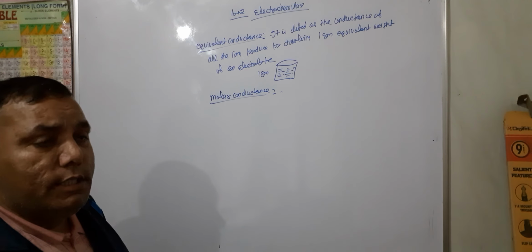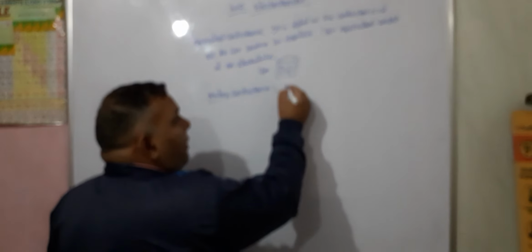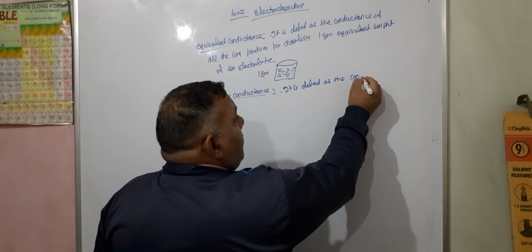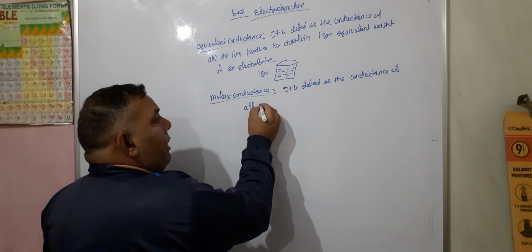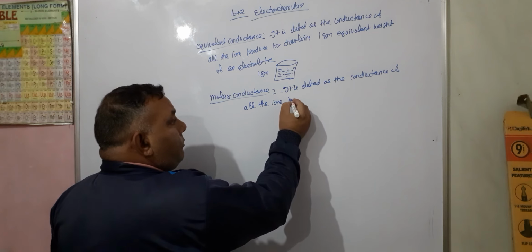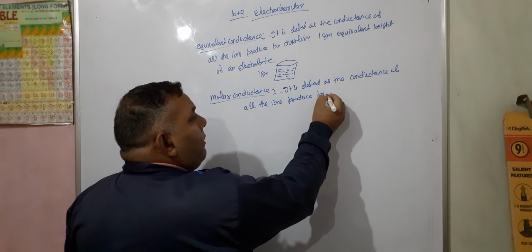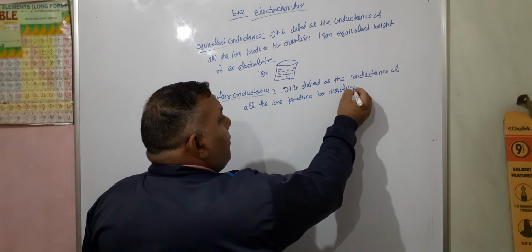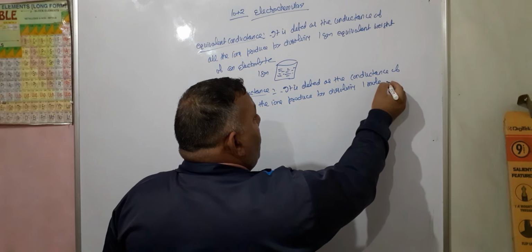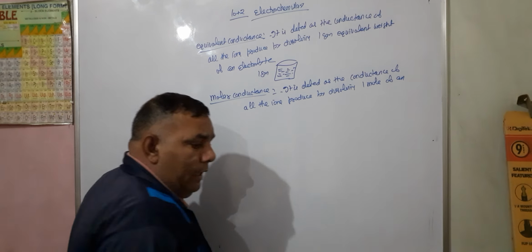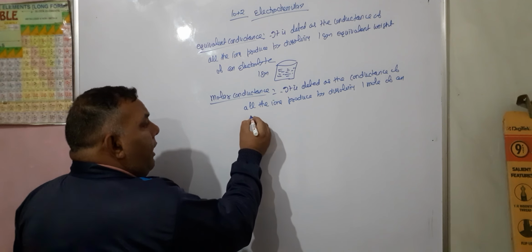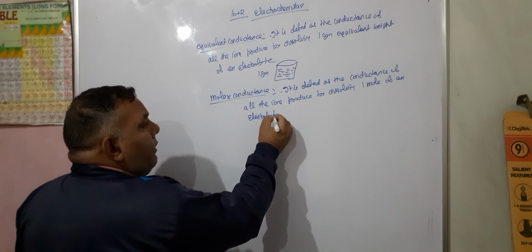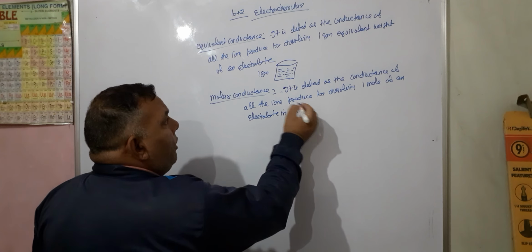Molar conductance is defined as the conductance of all the ions produced by dissolving 1 mole of an electrolyte in solution.